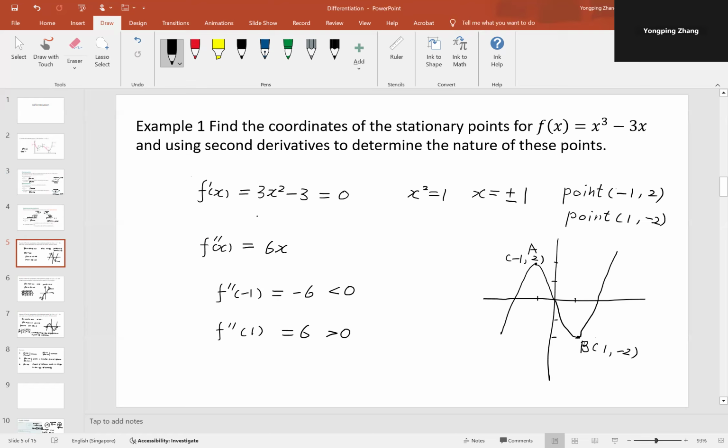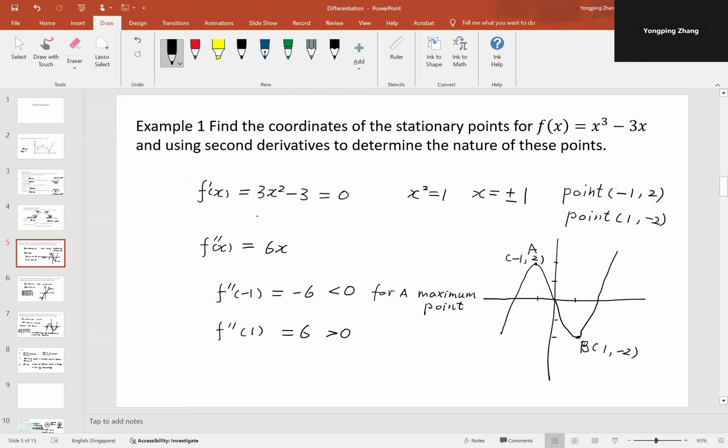For the second derivative at point A, it is less than 0. So this is the maximum point.